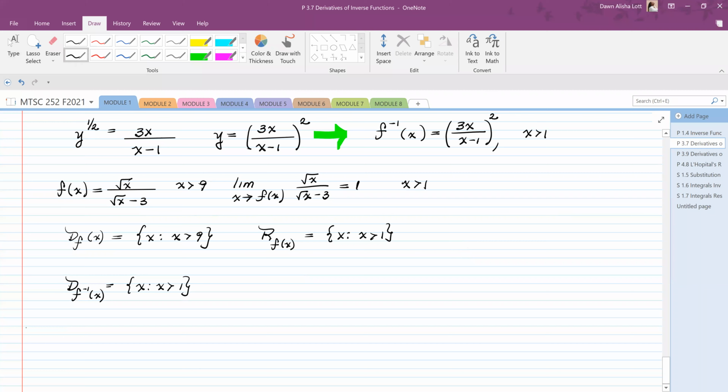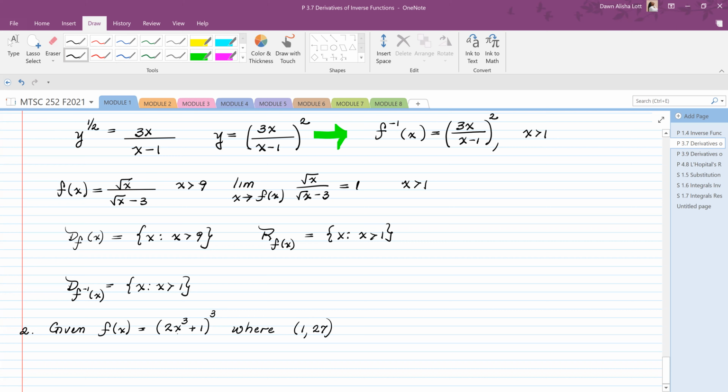Okay, number 2. Given f of x equal to (2x cubed plus 1) cubed, where the point (1, 27).